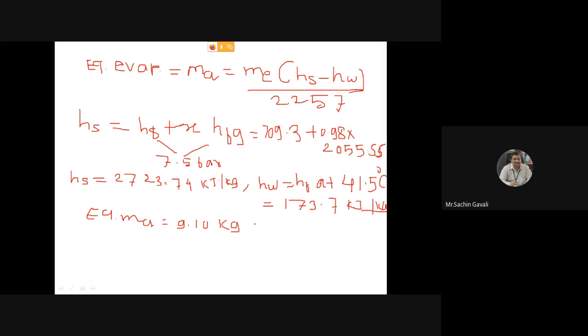It is kg of steam divided by kg of fuel.